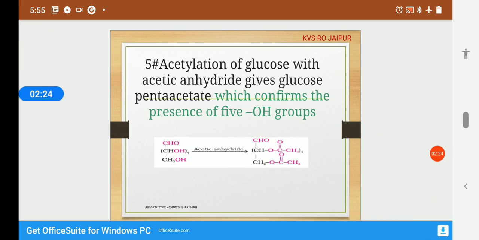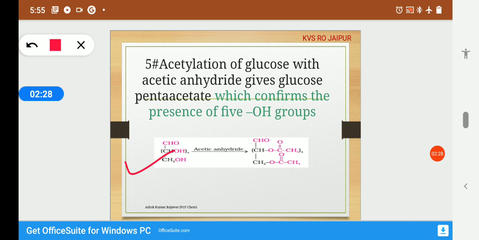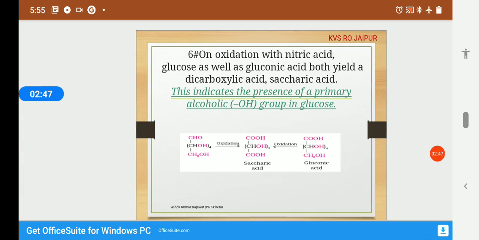Now, when glucose is treated with acetic anhydride, it forms penta-acetyl glucose. This reaction reveals that there are 5 OH groups in glucose. So, by all these reactions, we can come to know about the structure of glucose.